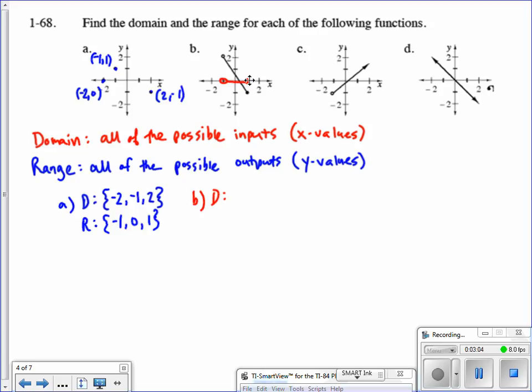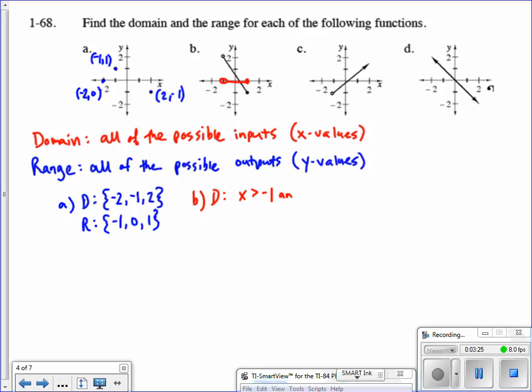So let's think about the first one. If we were to cover up this end and look at this inequality going this way, we would say that this boundary is at -1. So we would say x is going to be greater than -1, and that's because of the open circle. It does not include that point.